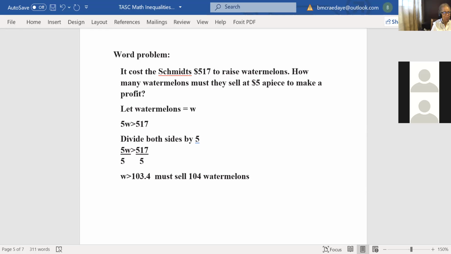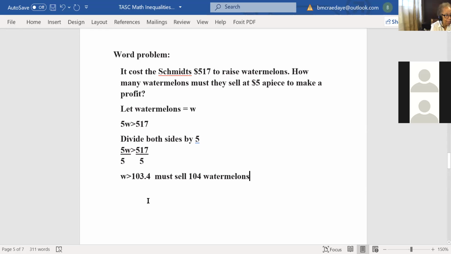Because it costs $5.17 to raise the watermelon. So to make a profit, they've got to make more than the $5.17. In the real world, they can't sell a fraction of a watermelon. I understand. Right, they can't sell a fraction.